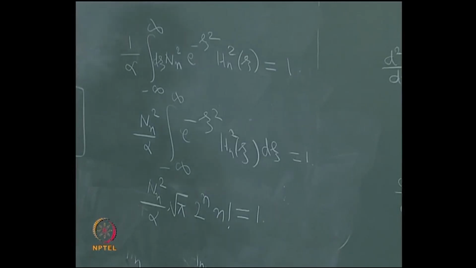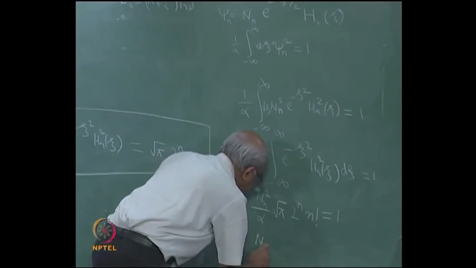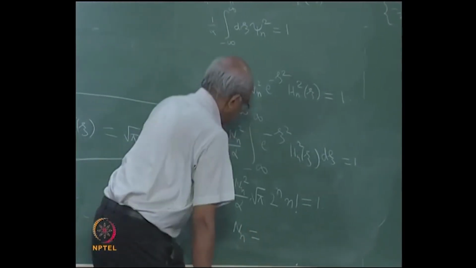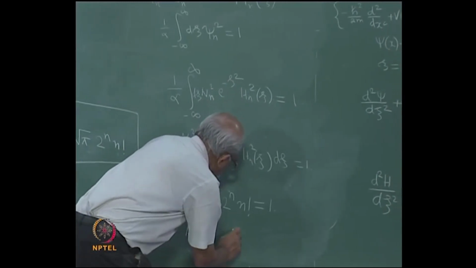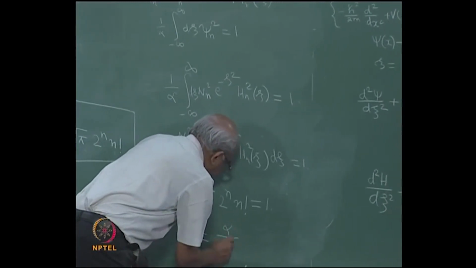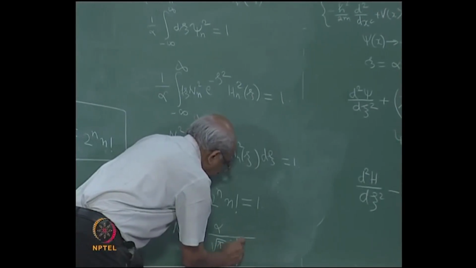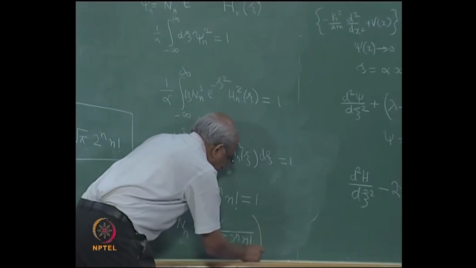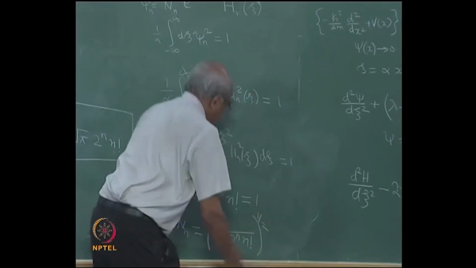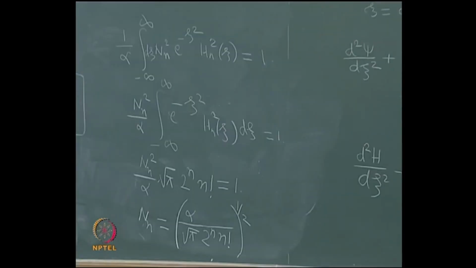For N itself, N is equal to alpha by root pi 2 to the power of n factorial, to the power of half. That is the normalization factor.